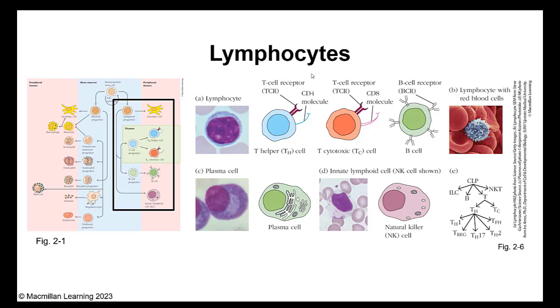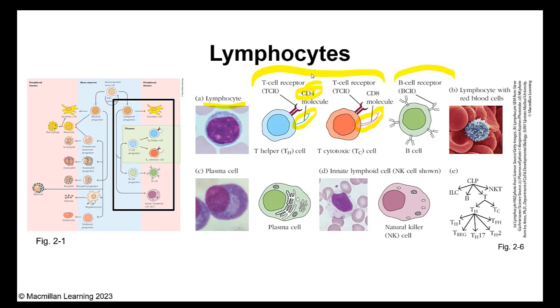So here, the lymphocytes. You can have T cells, you can have B cells, and then look here at your cluster of differentiation molecule. This guy is a CD4. This other guy has a CD8.